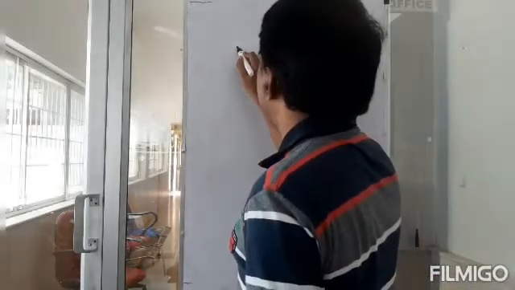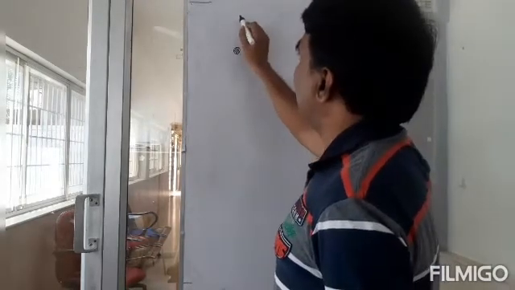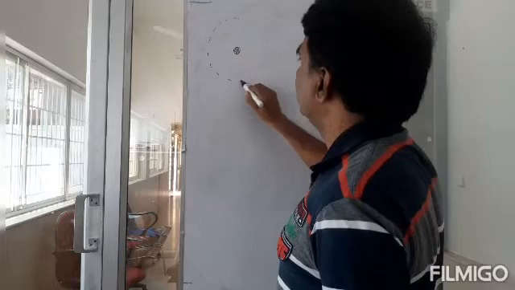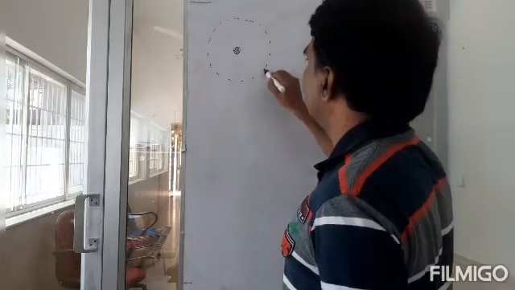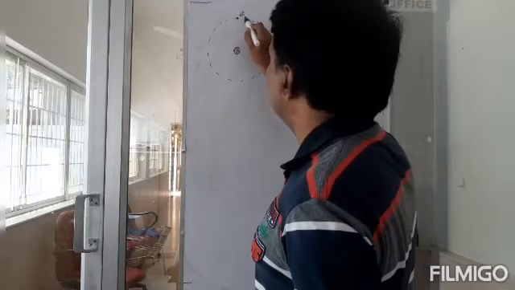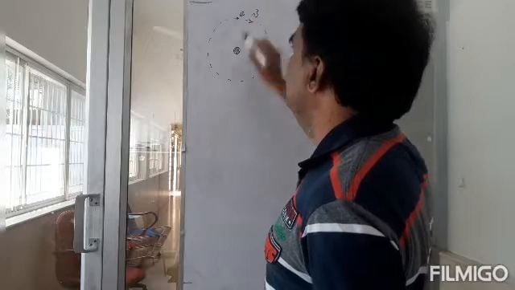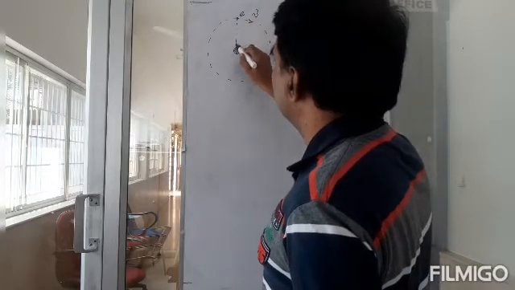So you have a nucleus, it's positively charged, and then you have an electron going around it. Maybe it's moving in this direction. R is the radius.